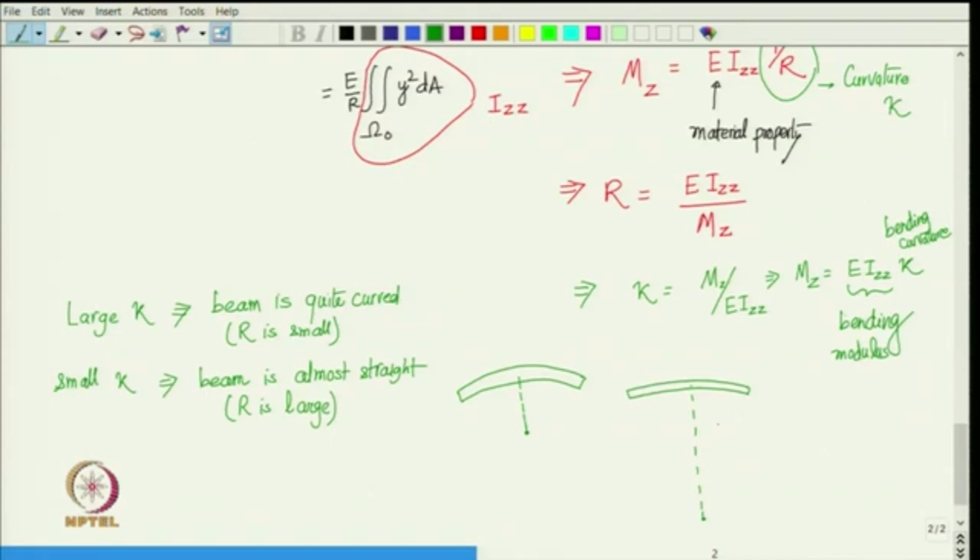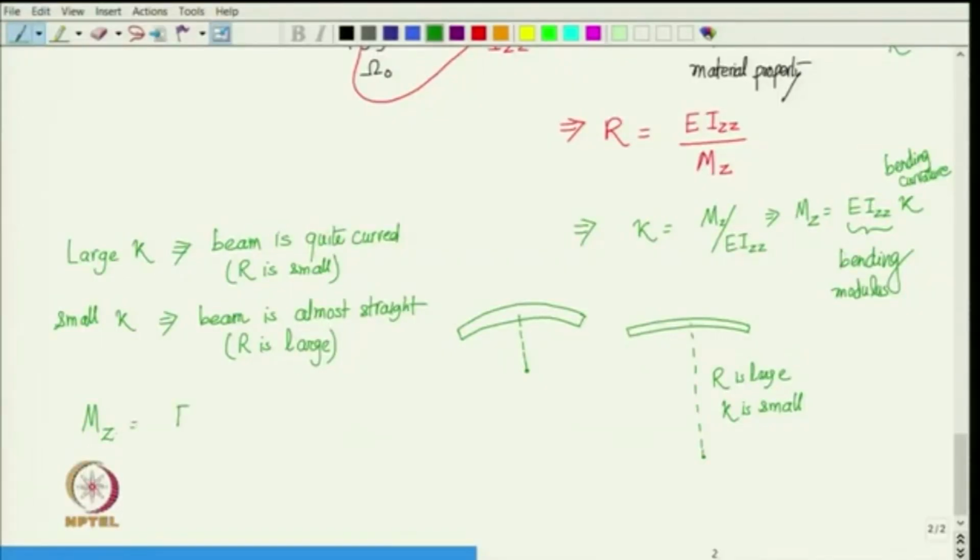So, here the radius r is large and therefore, curvature is small. And this relationship that the moment applied is equal to E I z z times curvature simply tells us that if the beam is very much stiff in bending, that means if the bending modulus is large, then it is very difficult to curve a beam.